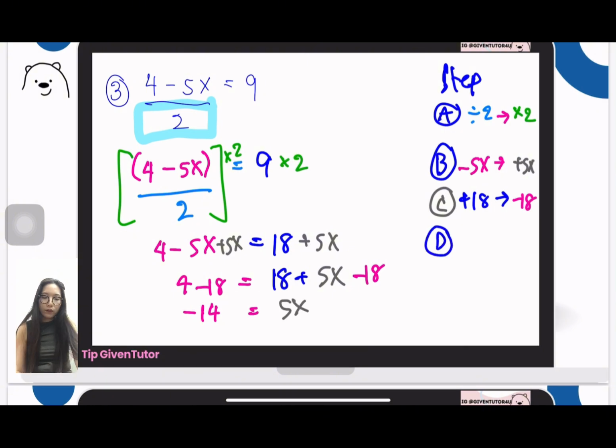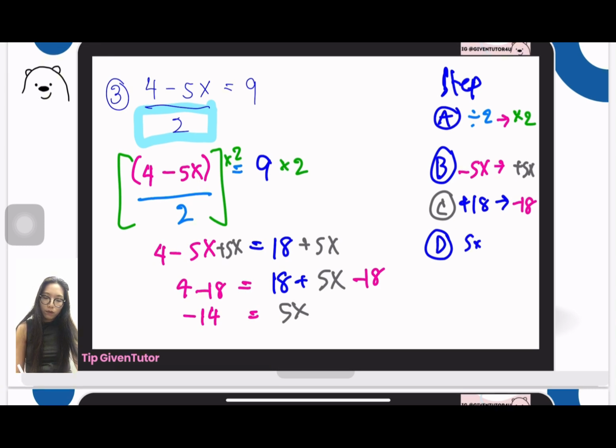Step D. What we have right here is 5 times x, so we will divide by 5. It will be divided by 5 and divided by 5. After that, you get the answer: x equals minus 14 over 5.